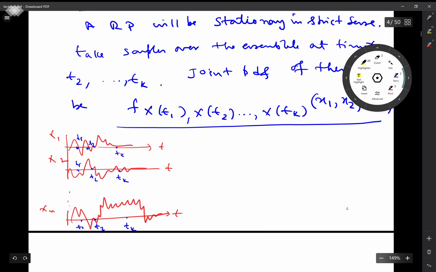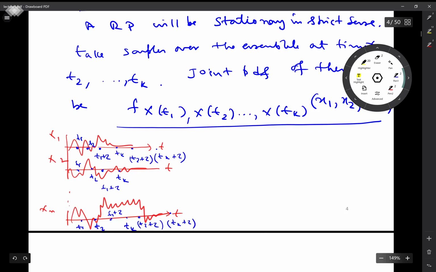and then we shift the time by tau. That means we take samples at t1 plus tau, then t2 plus tau, then tk plus tau. Similarly we take all of those, t1 plus tau, t2 plus tau, tk plus tau, right?